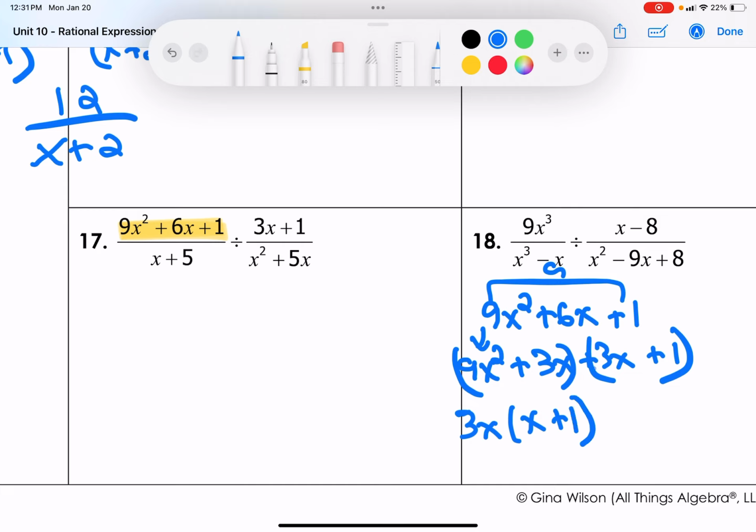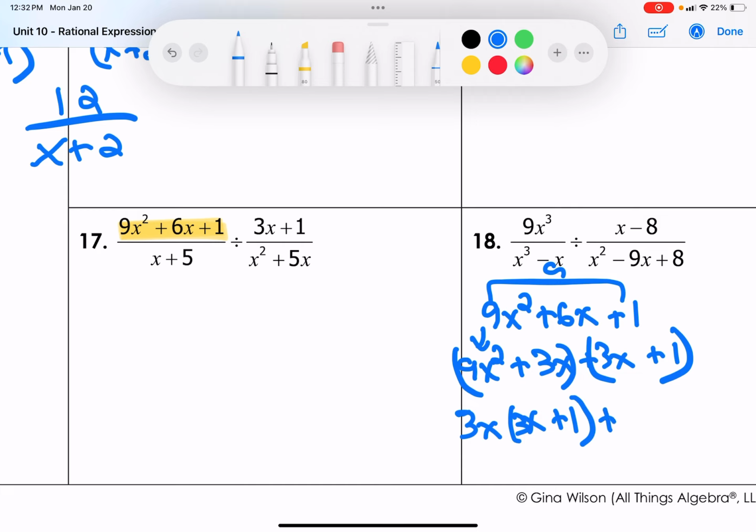And then on this right side, what can I factor out? So let's see, 9x. So, okay, so I could factor out, remember this was a plus 3x plus 1. So now that's going to leave me with a 3x plus 1. Sorry, so this was 3x plus 1.